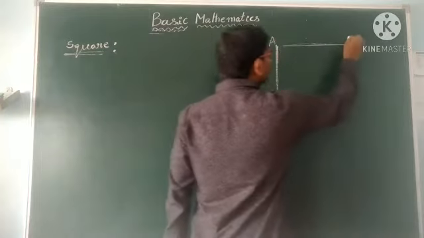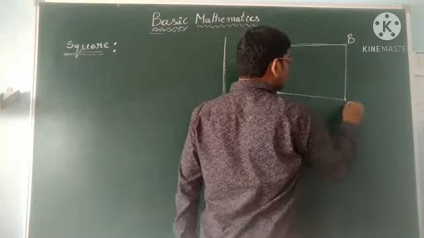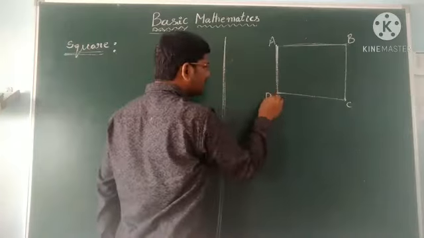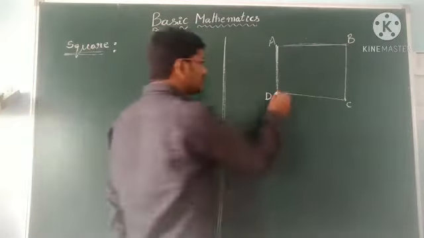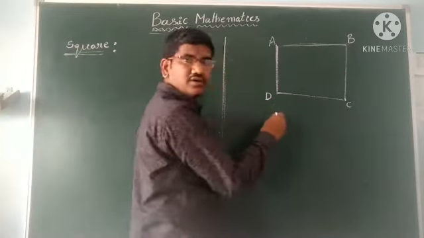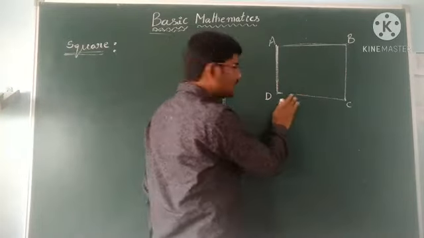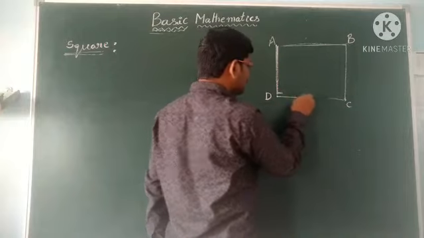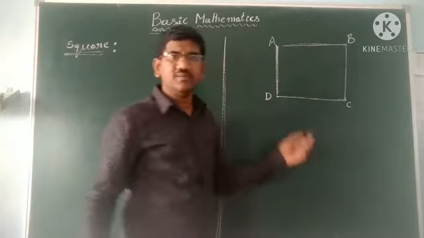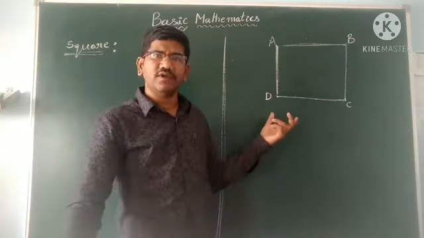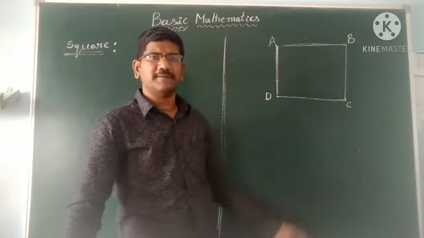A, B, C, D is a square which has four sides in it.